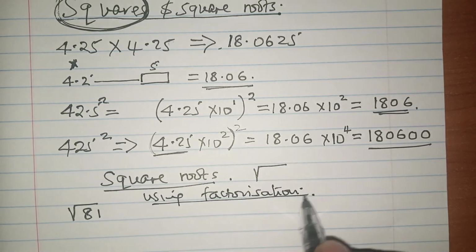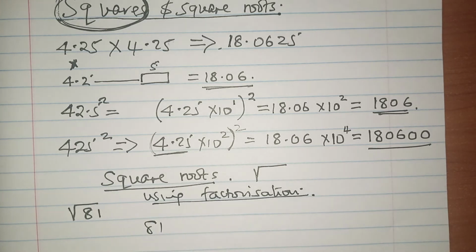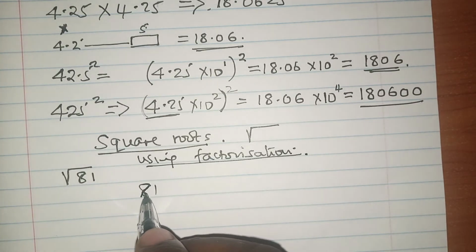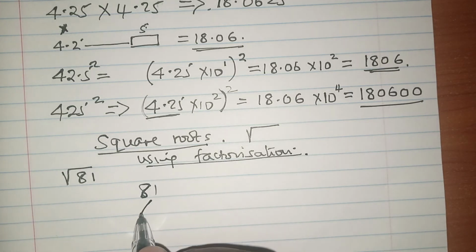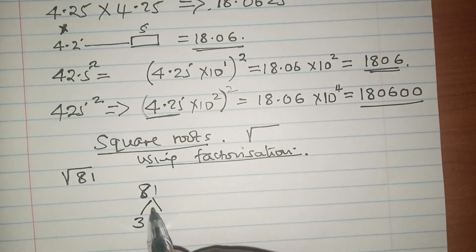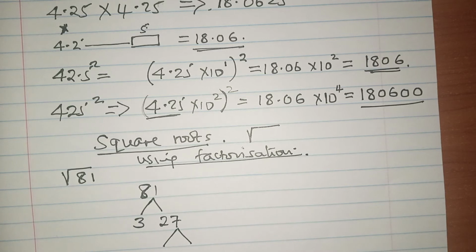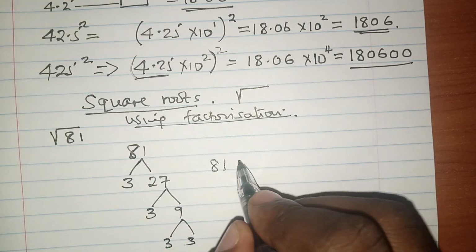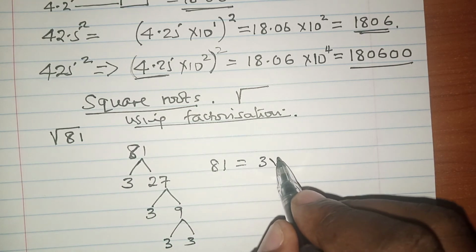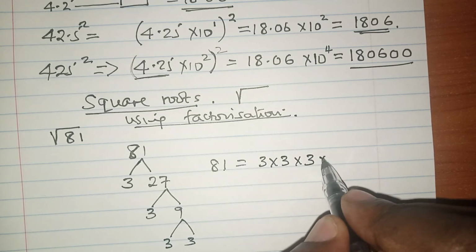We all know that for us to get 81, we can factor it out using prime factors. 2 cannot divide 81, so we directly go to 3. 3 divides 81 to give us 27, and again 3 can divide 27 to give us 9, and again 9 can be divided by 3 to get 3 and 3. So 81 is actually 3 times 3 times 3 times 3.